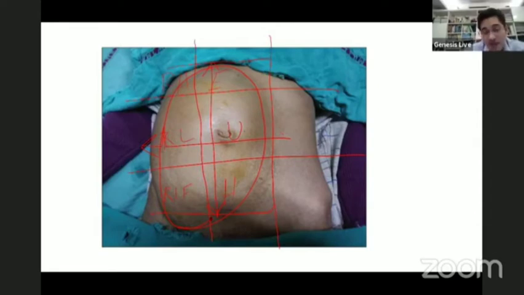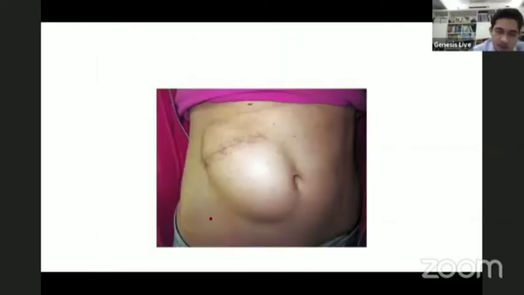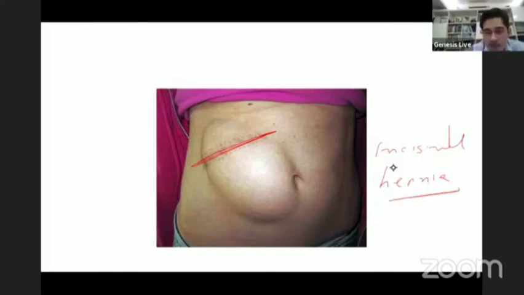The other things you have to go for palpation, right? Okay. Now remember, whenever you get a lump and overlying scar mark, make sure you do a cough impulse, because this may be an incisional hernia. Always do a cough impulse.